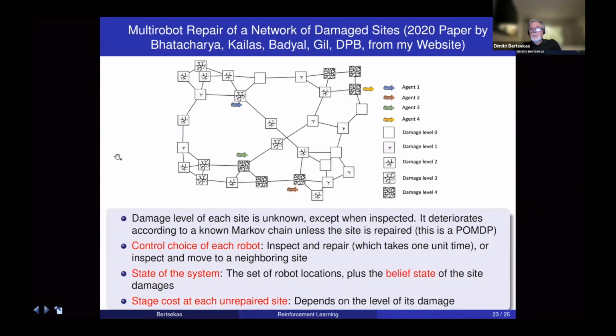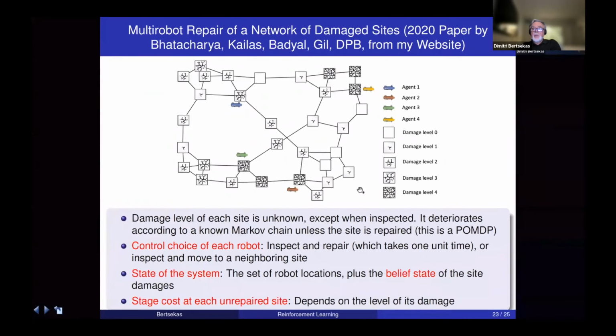Now, in our formulation so far, we have considered damages that are uncorrelated with respect to location. In other words, the damage at this location is uncorrelated with damage in neighboring locations. This simplifies the problem because the belief state becomes a Cartesian product of probability distributions corresponding to the different sites. This is called a decentralized POMDP, or DEC-POMDP, in the literature.